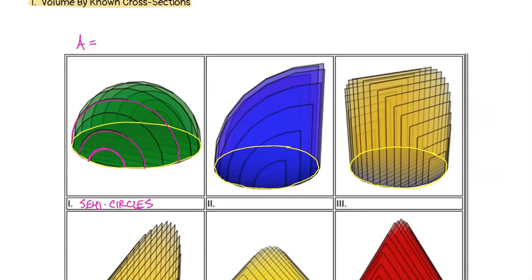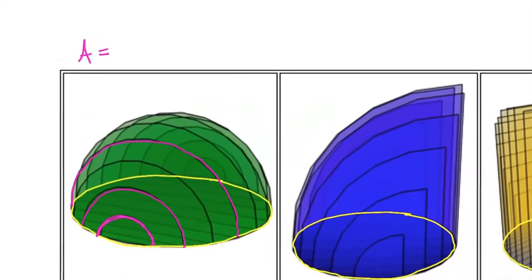Very nice, very nice. Literally the area of a circle, pi r squared, and then we're going to cut it in half because we have a half circle. All right, so area would be pi r squared. That would be a full circle, but we only want a semicircle, so we'll cut it in half.